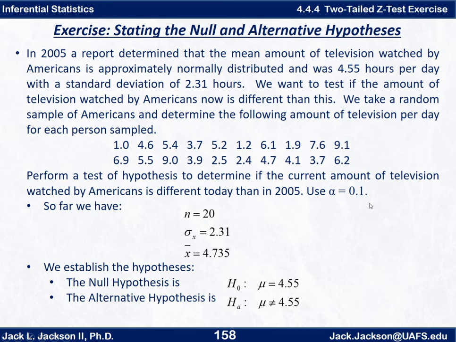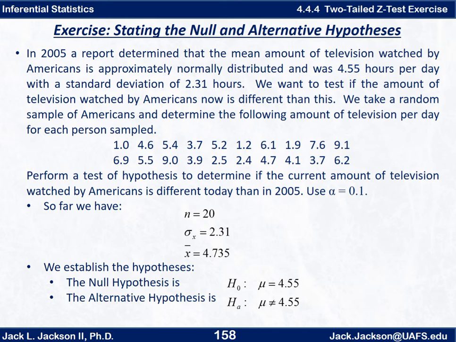So we want to state the null and alternative hypothesis. The null hypothesis is that mu is 4.55. So we're going under the hypothesis that the mean of the population is 4.55, and furthermore, we're going to assume that the distribution of sample means is approximately normal, and so we'll base our calculations on that.